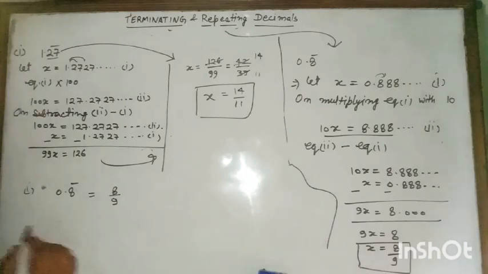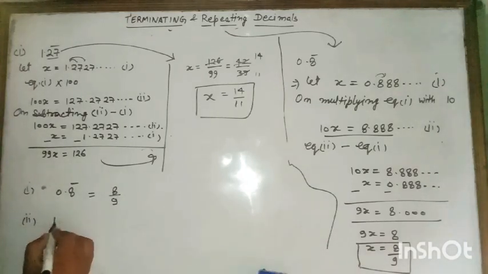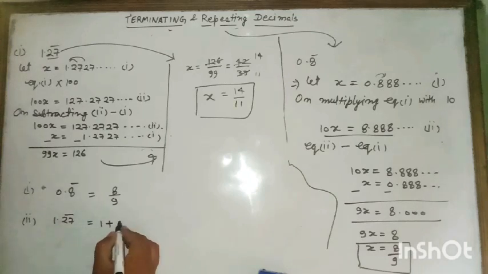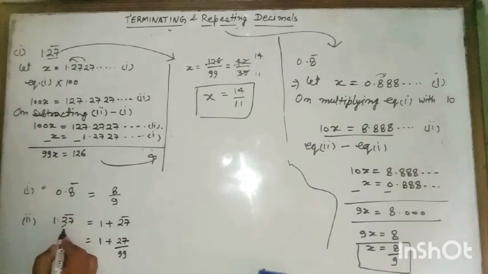You can see from here, if a number is like 1.27 bar, how you can easily see: 1 is a whole number, so you will write it as it is, plus this 27 you can write like this, 27 bar. Now 1 plus 27, see how many digits are repeating, 2 digits, so you will place 2 nines in the denominator. 27 you will write as it is, and because 2 digits are repeating here, 2 and 7, double 9 we will write in the denominator.